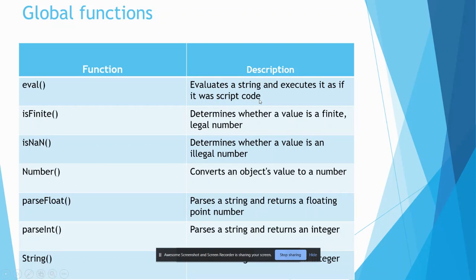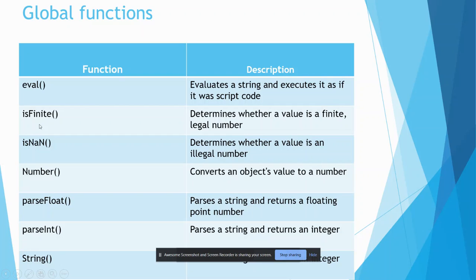For example, if you write inside this function a string which is nothing but 5 plus 6 within quotes, then it is considered a string. If that string is script code, it will evaluate it and give its answer. If we write 5 plus 6 within quotes inside that eval function, it will give the answer as 11. It considers the string as script code and evaluates that value.